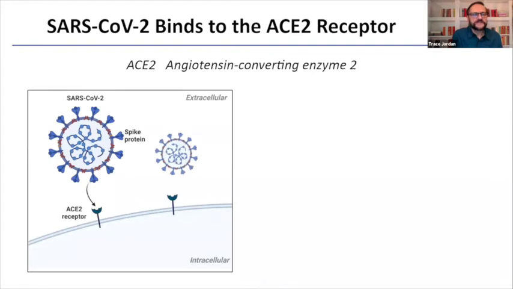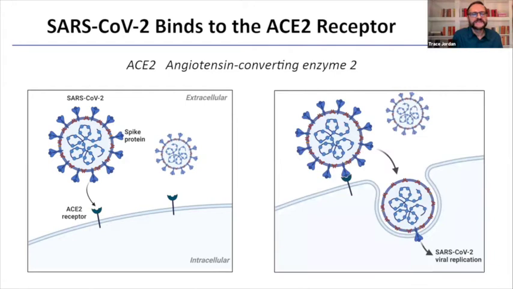So the diagram here shows that the spike protein of SARS-CoV-2 binds to the ACE2 protein, which acts as the receptor. So that binding between the spike protein and the receptor is the first stage that is necessary for the virus to infect a cell.